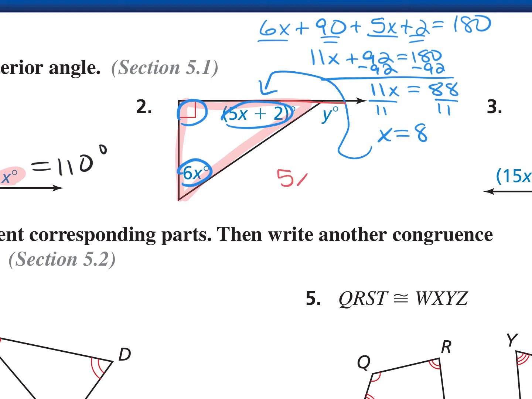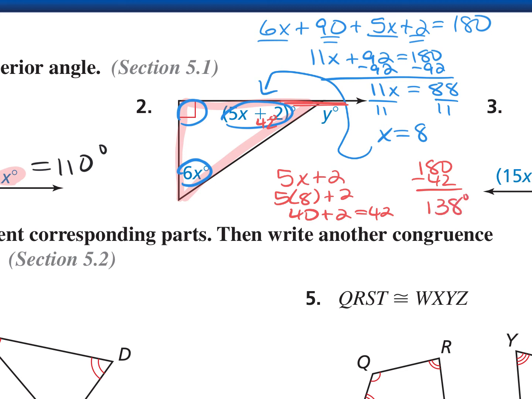So let's plug it into the 5x plus 2. 5 times 8 is 40, plus 2 is 42. And now that's the inside angle here. Again, this is a supplement, so 180 minus 42, and that exterior angle, or angle Y, is 138.